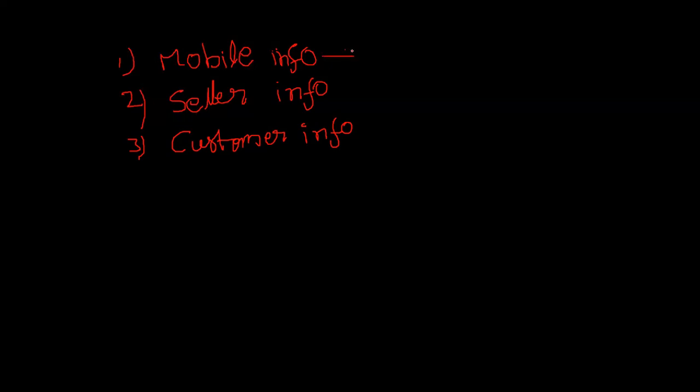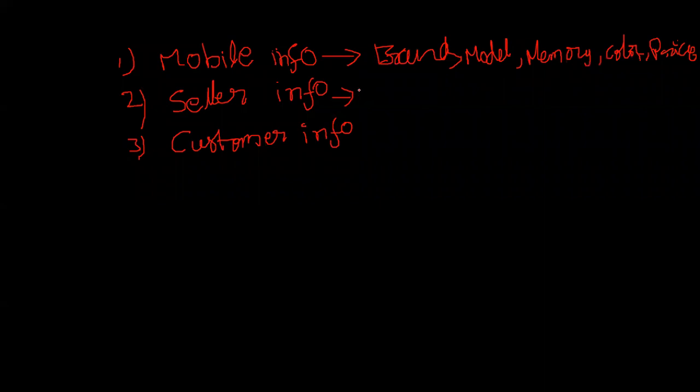Here, what kind of information could we see under this mobile info? At a high level, at least, maybe the brand name, model, memory, color, price, etc. And the same for seller: seller name, seller address, seller contact details, etc. We could see it here.